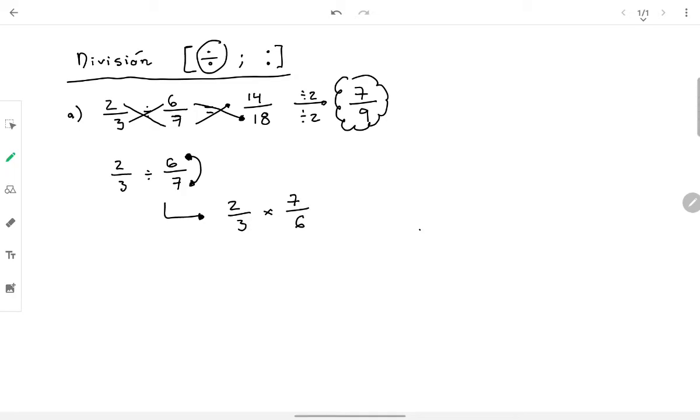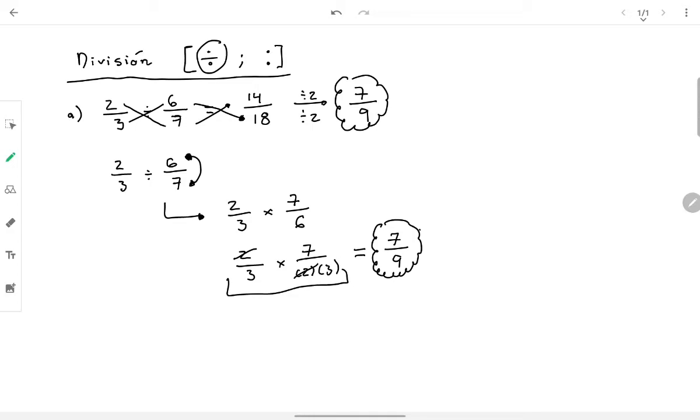If we do that part, then we can decompose these numbers. So we will have 2/3 by 7. Remember, 6 we can decompose in 2 times 3. We can eliminate these 2 with these 2. So our final answer will be 7/9. And this will be our final answer, and we know it's simplified because we made the simplification here.